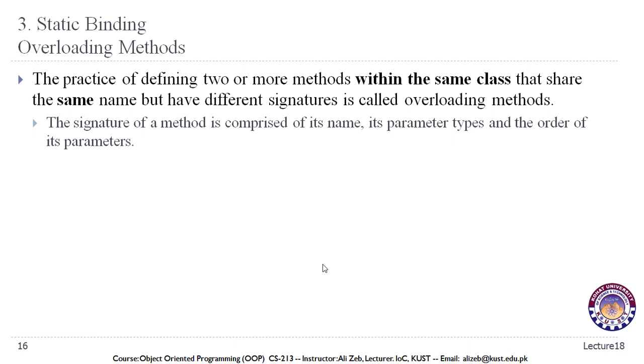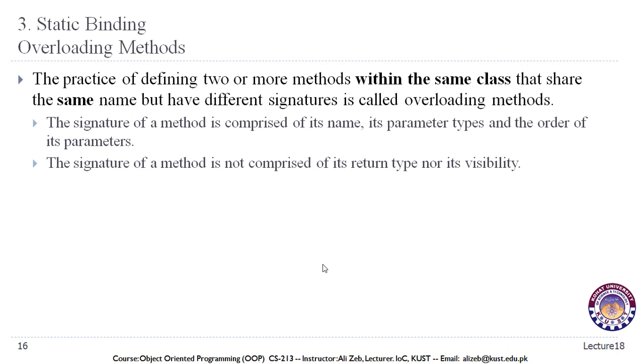The signature of a method is comprised of its name, its parameter types, and the order of its parameters. So if we change the number of parameters in a method, or the order of those parameters, or the data types of those parameters, those methods become two different methods even if they have the same name.